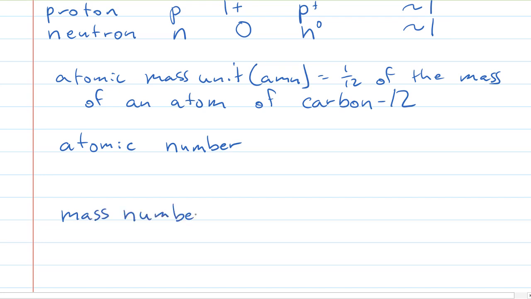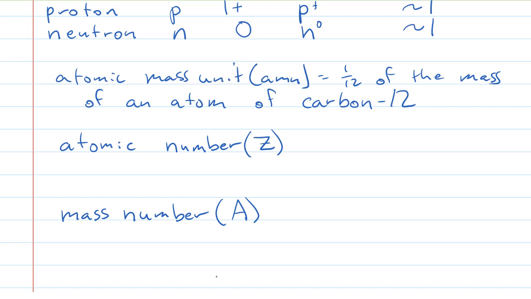Now the atomic number is something that we abbreviate with the letter Z. We abbreviate the mass number with the letter A. And don't ask me why, it doesn't make any sense whatsoever. To me it makes sense to call the atomic number A and the mass number maybe an M or something, but the atomic number goes by the letter Z, the mass number goes by the letter A.